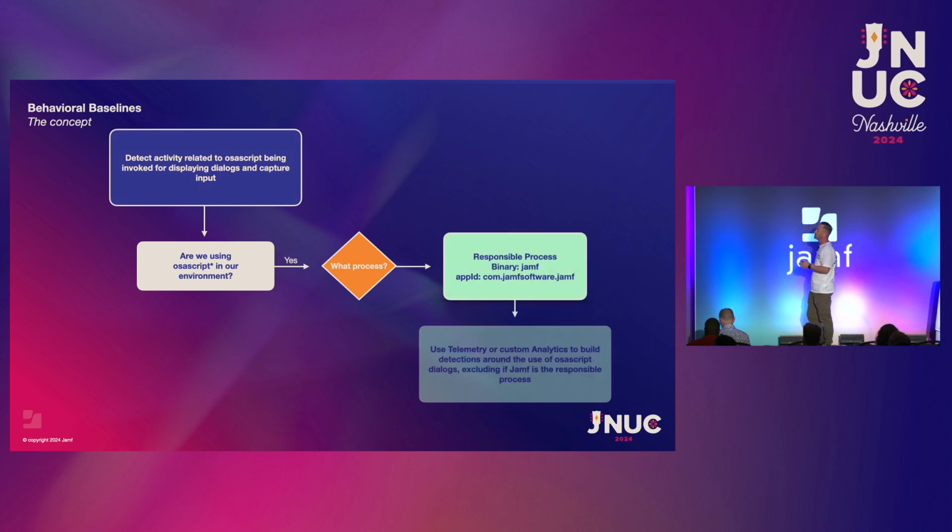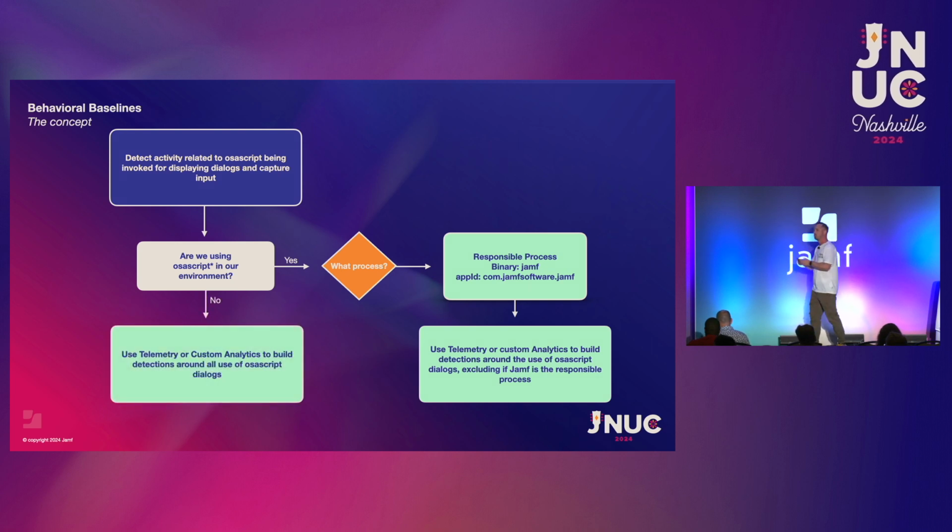In this case, if the responsible process, which I guess is the case for most of the people in the room, is Jamf, then we might want to build out the detection rule, either using telemetry in a SIEM or using custom analytics, where we filter on those activities, but not if Jamf is responsible for the invocation. If you don't use AppleScript at all, because you might be using Swift Dialog or any other utilities to display the user notifications, we build out the detection rule, but leave the responsible process out of scope.